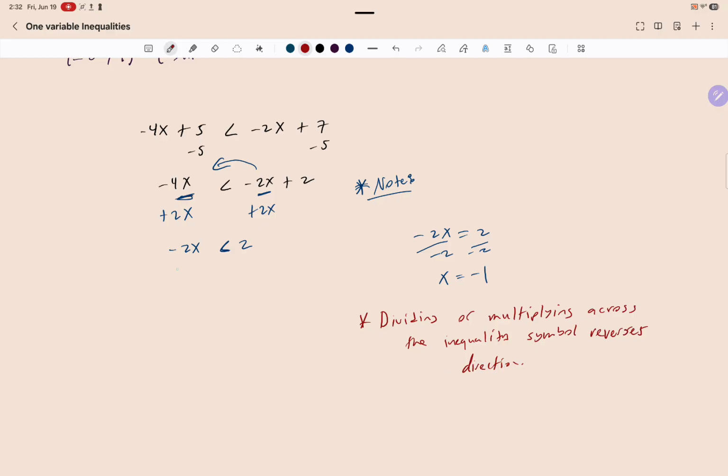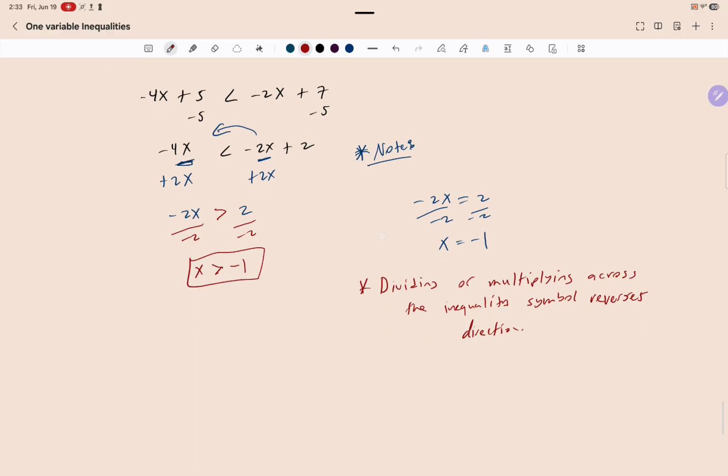So here, if I divide by negative 2 on both sides, the direction of the symbol will change. Instead of facing this way, it's going to be facing that way. So x is greater than negative 1. Great, and that would be our answer.